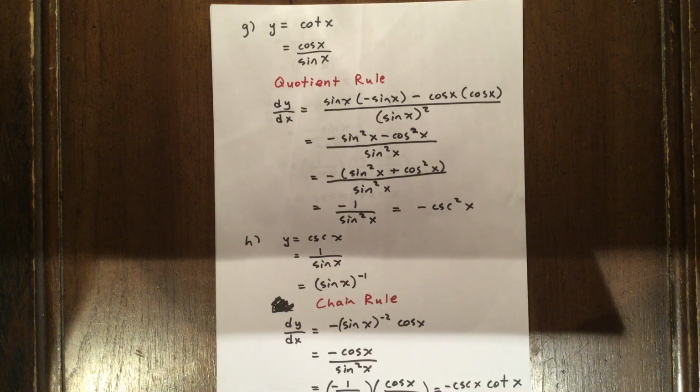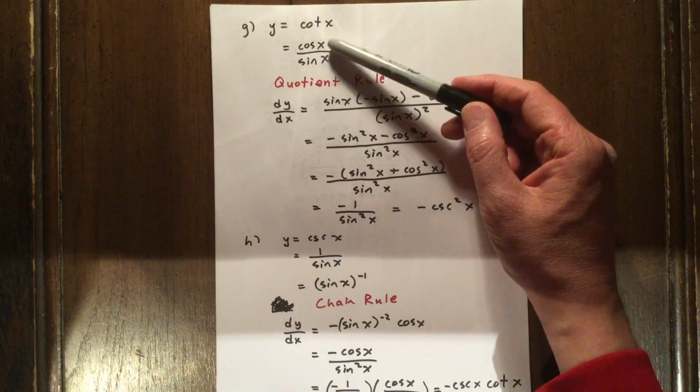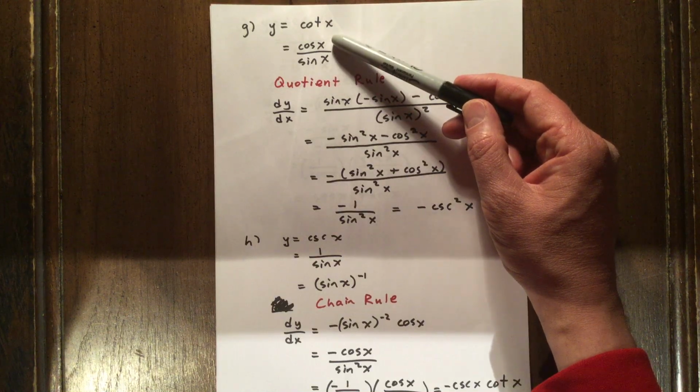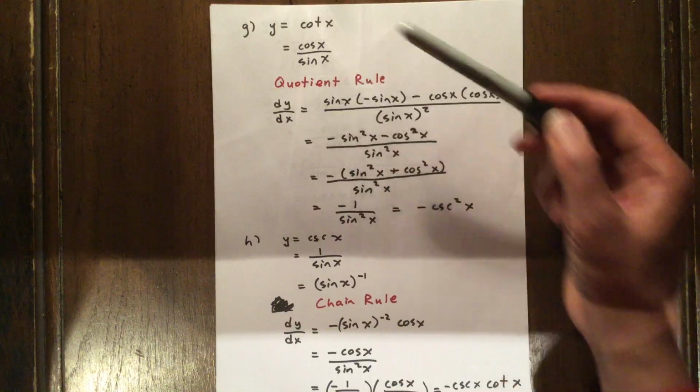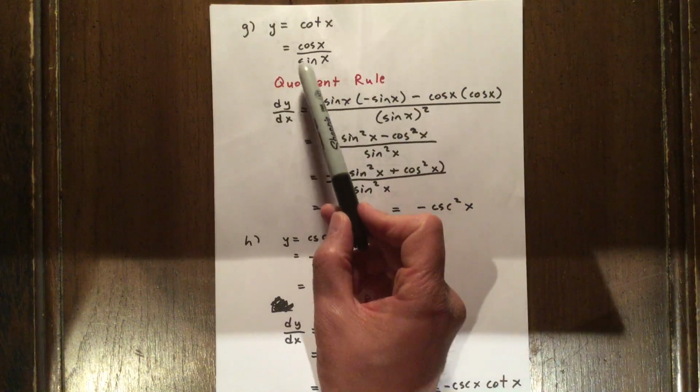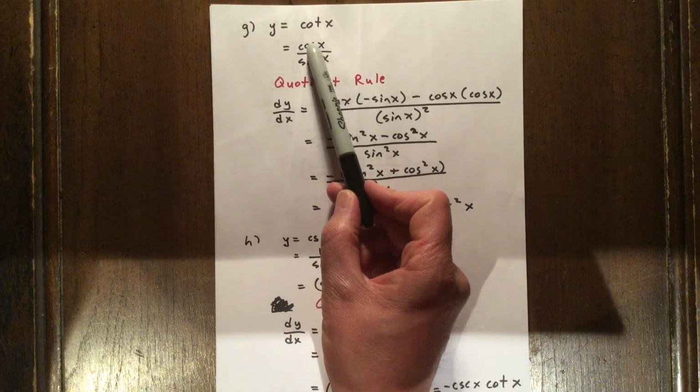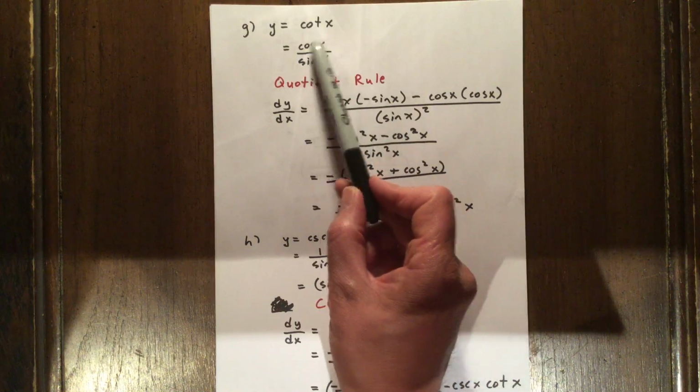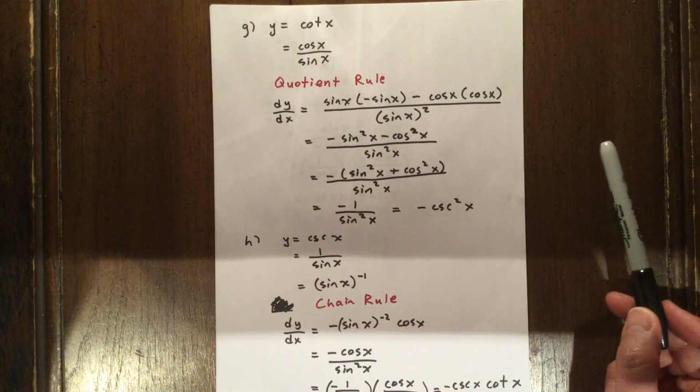Our next question is to determine the derivative of cotangent x. So much like the last question, we make cotangent x cos x over sine x, and we use the quotient rule. The denominator times derivative of the numerator minus the numerator times derivative of the denominator.